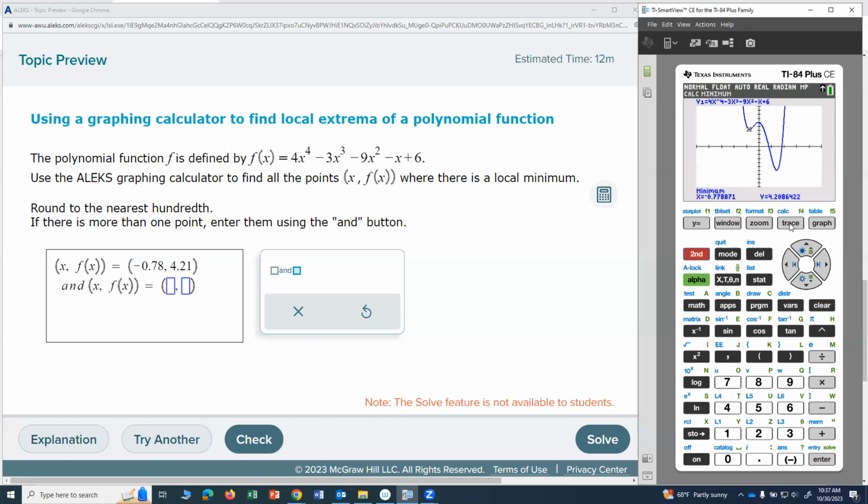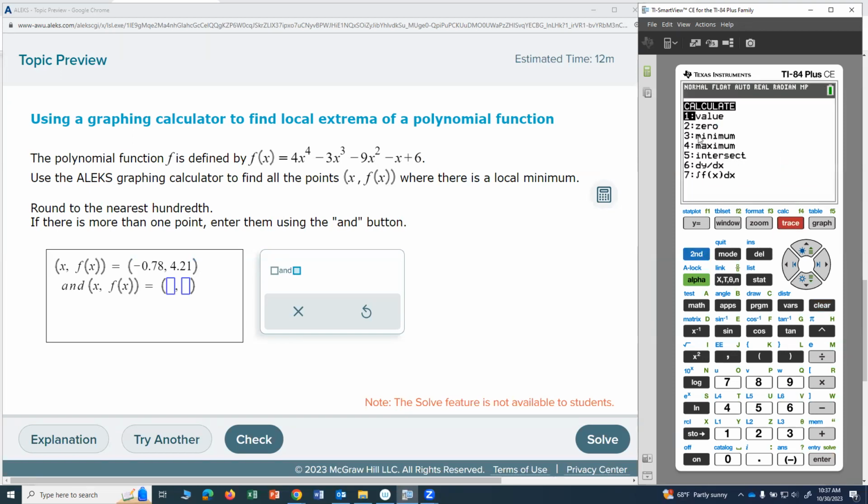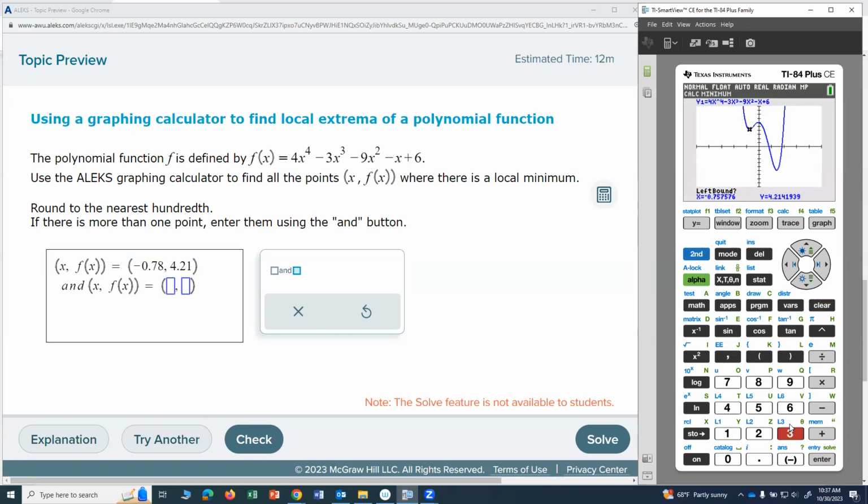I hit second trace. Select minimum. I get a left bound. Notice it prompts you down at the bottom of the screen. Left bound, enter. Right bound, enter. Guess, enter.